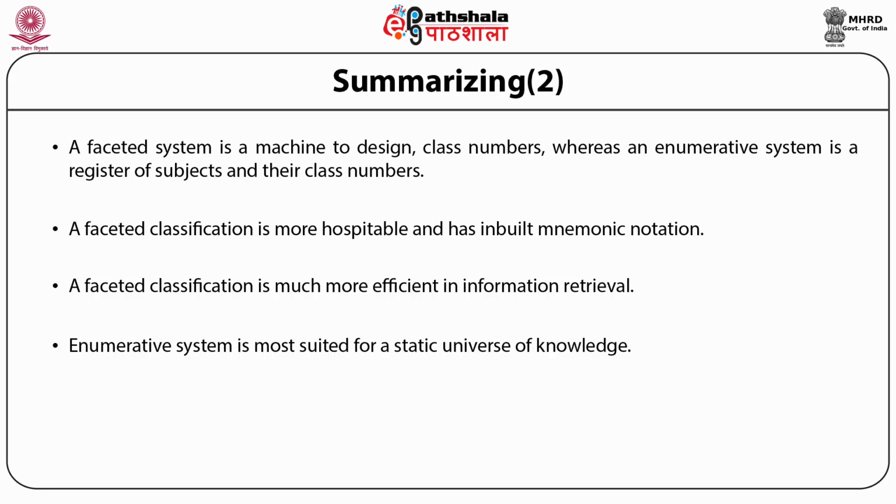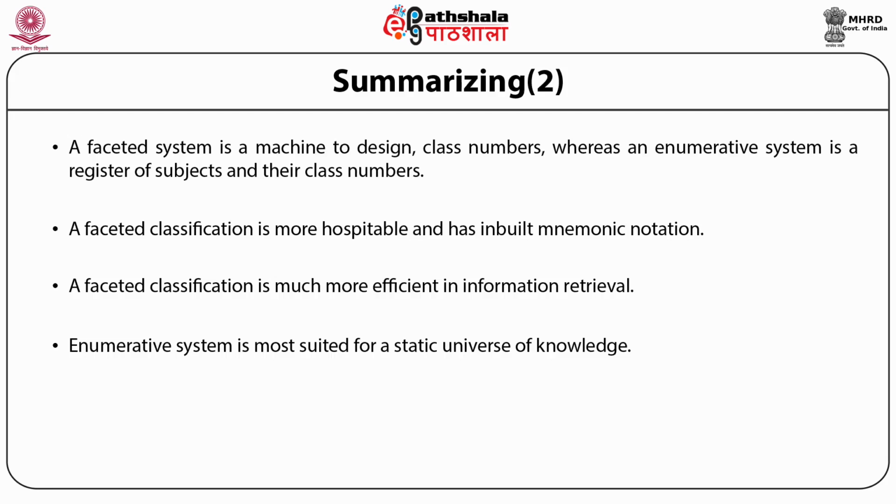Though the trend is for faceted classification systems in organizing knowledge in libraries, it is said they are difficult to apply. But they are an answer to the growing universe of knowledge, to accommodate new subjects. If the universe of knowledge was static, then enumerative systems would have been better and more compatible to use.